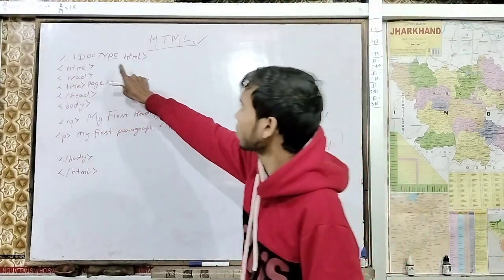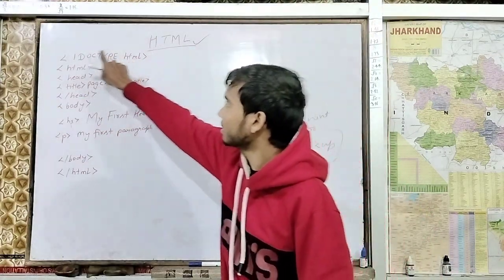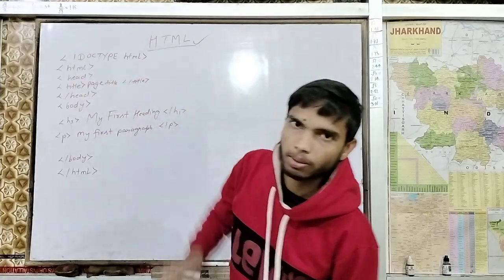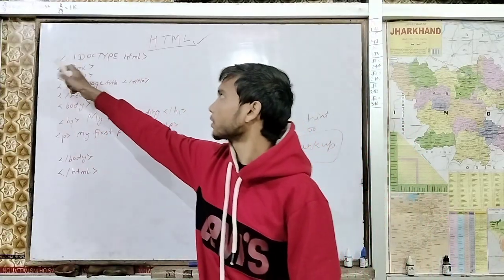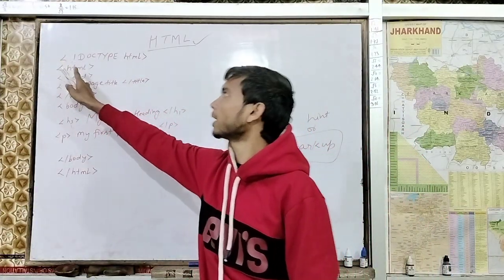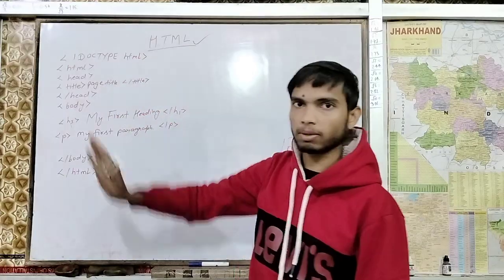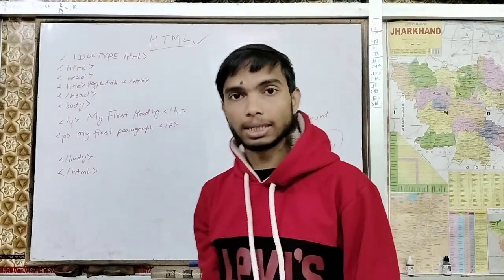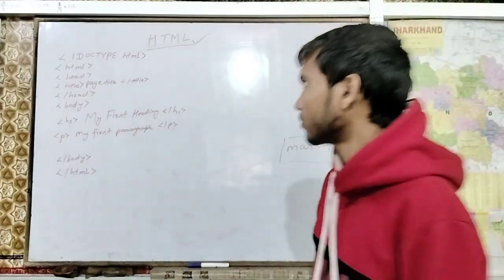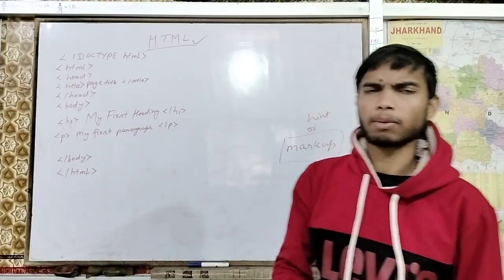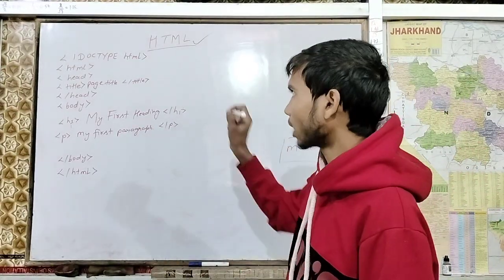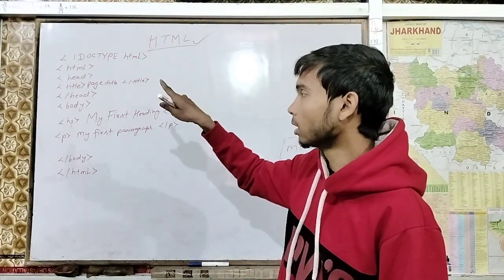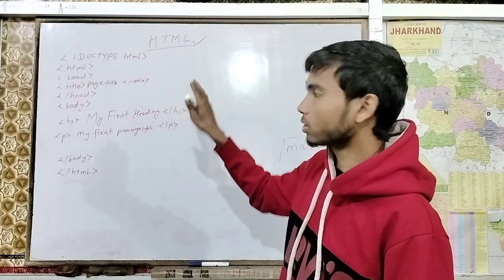So first of all you will have to apply this open tag. Then the next thing coming is the exclamation symbol. The exclamation is compulsory to write here. Next we have DOC.